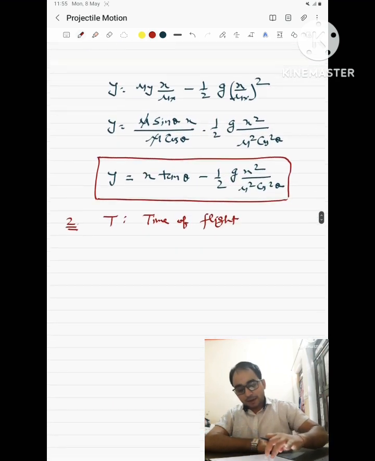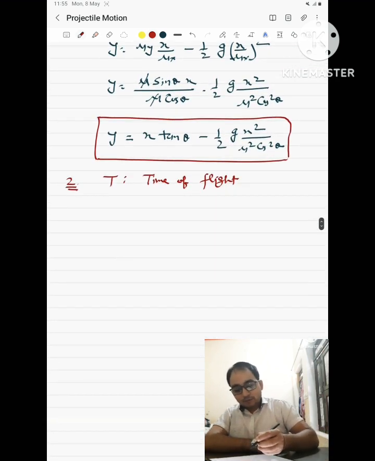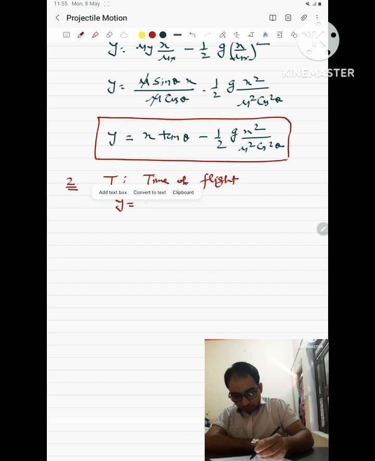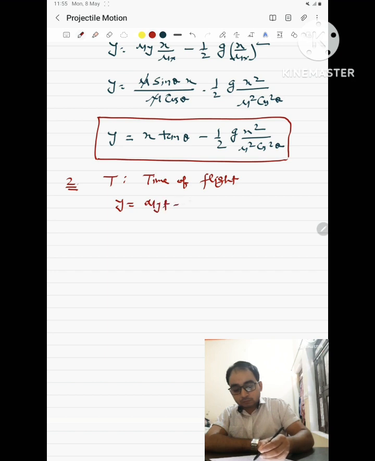If we write the motion equation for y axis, and put the value of uy as u sin theta, we get u sin theta t minus half of g t square equal to 0.